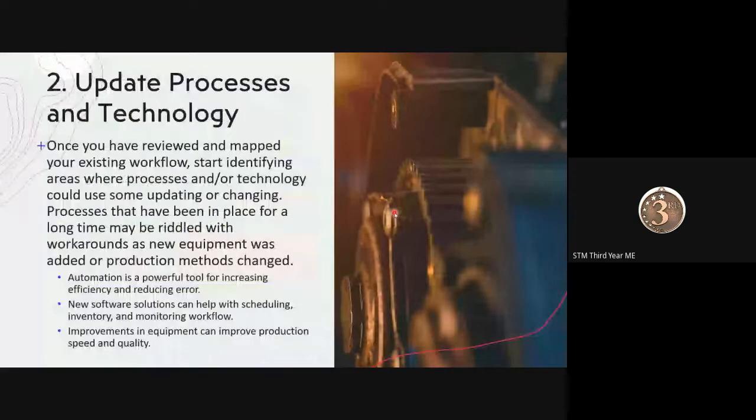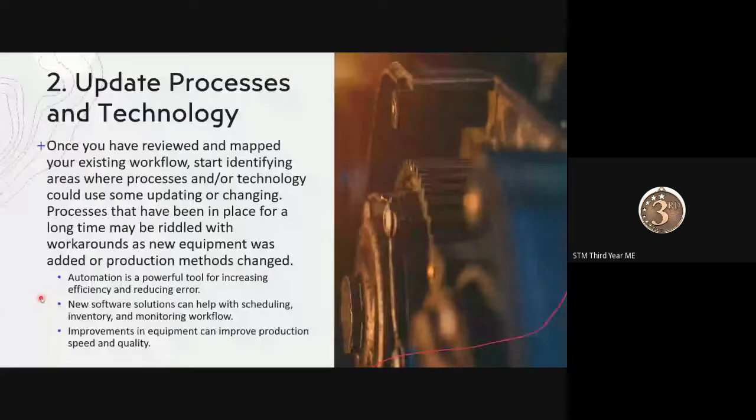Next comes update processes and technology. So that always comes under looking at the new technologies that are around in the industry field or under the market, or various sessions the technology updation may be done, and we are implementing the technology into the agile manufacturing.